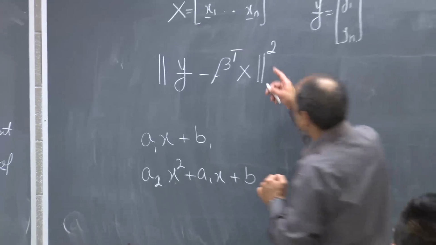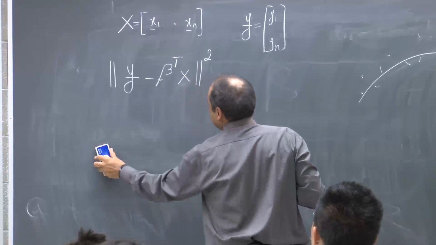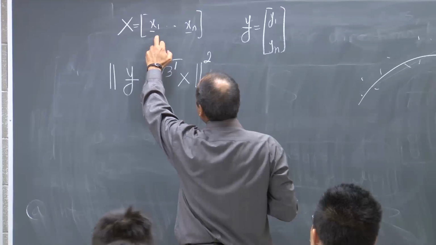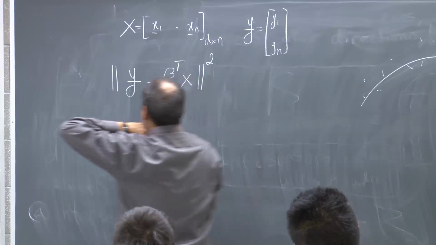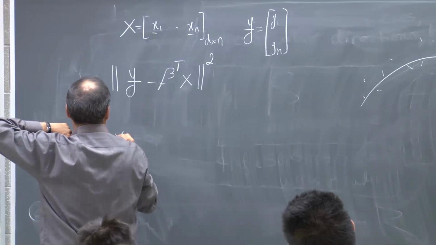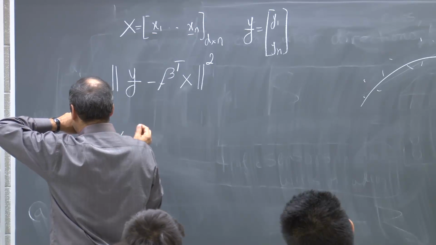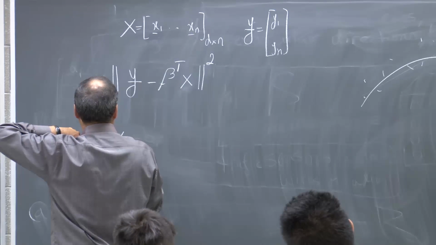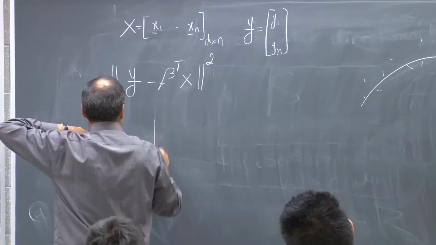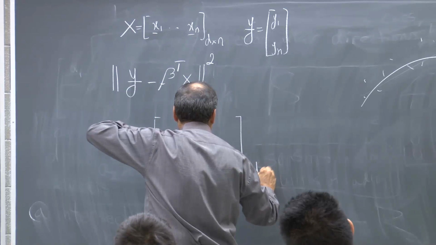If I expand my x, I have x1 to xn, it's d by n. I make a new x, let's call it x1. x1 is 2d by n.